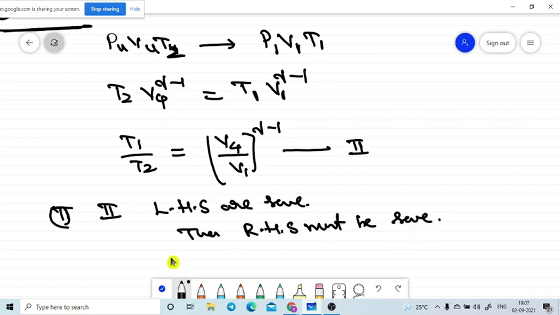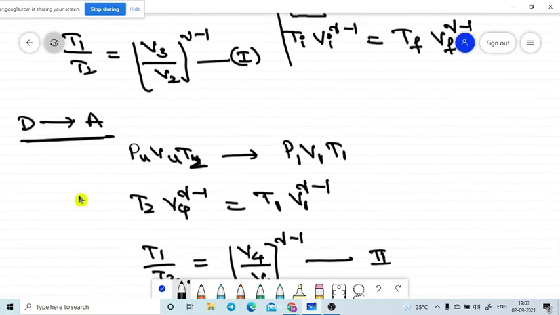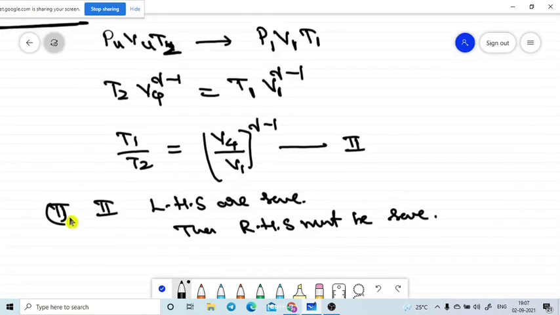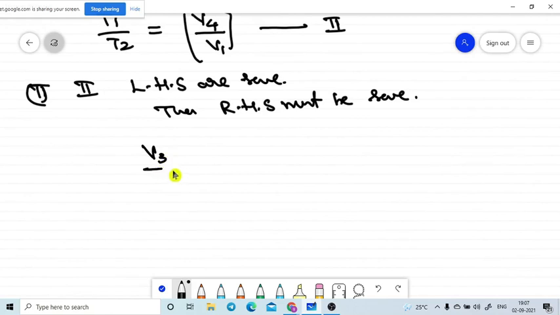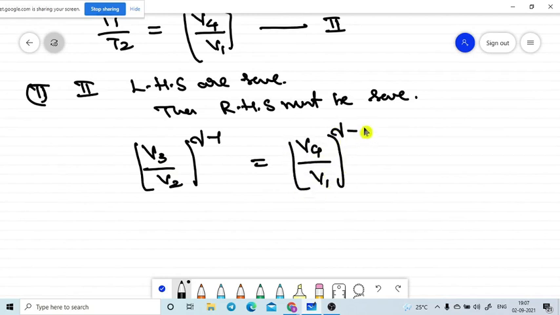So what is the Roman number 1 RHS value? V3 by V2 whole to the power of gamma minus 1 is equal to V4 by V1 whole to the power of gamma minus 1. Both have the same powers, so we can cancel the powers. V3 by V2 is equal to V4 by V1.